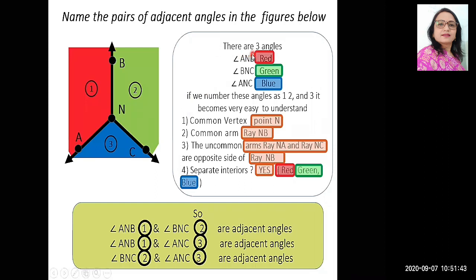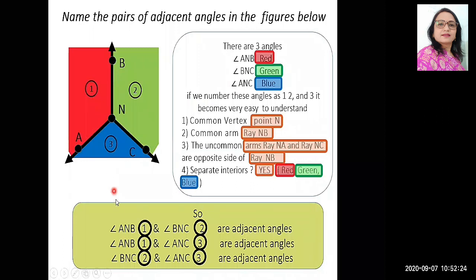There are three angles: angle A and B in red color, angle B and C in green color, and angle A and C in blue color. If we number these angles 1, 2, and 3, it becomes very easy to understand.